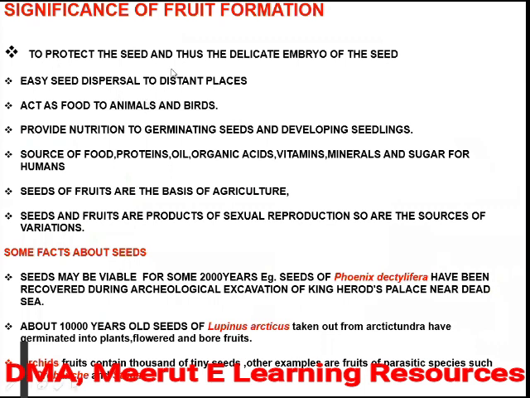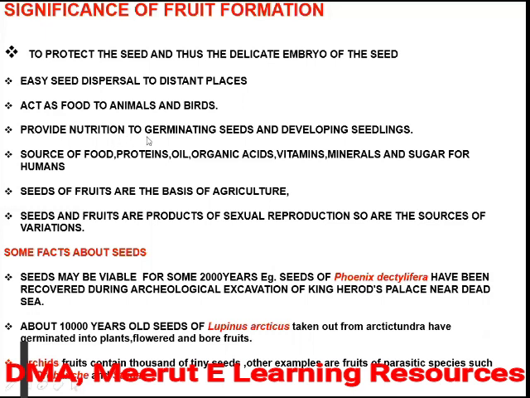Now here you can see significance of seeds and fruits. To protect the seed and thus the delicate embryo of the seed, fruits are very helpful. Seeds can be easily dispersed to distant places because seeds and fruits are the food of animals and birds. So they consume them and throw their seeds at different, distant places. Seeds and fruits also provide nutrition.